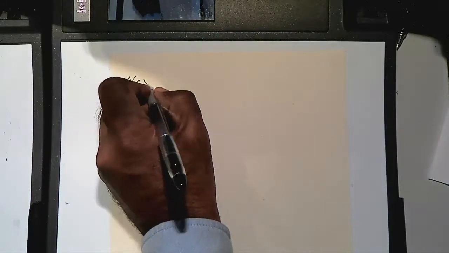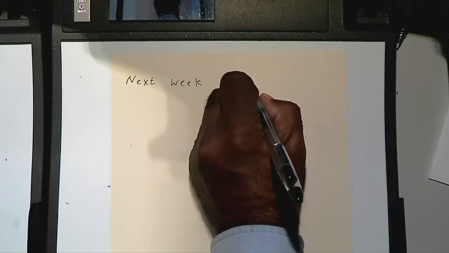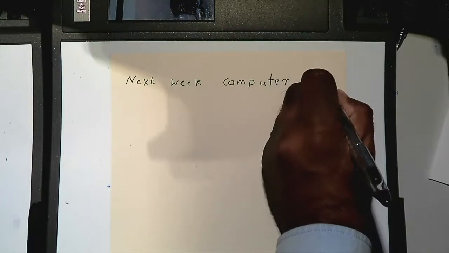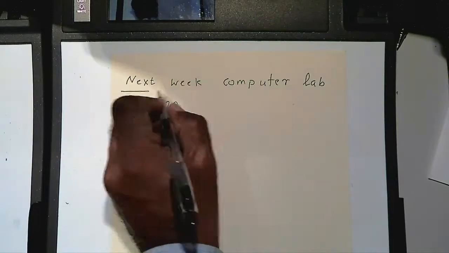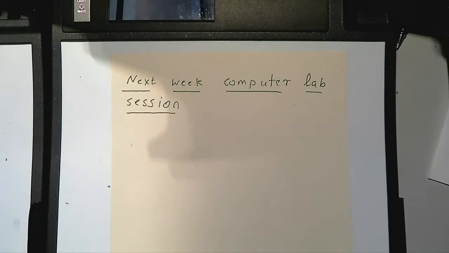We have a computer lab session, right? In the next week computer lab session, you will learn how to compute the density, the CDF, and the quantile and random numbers from any specific distribution.